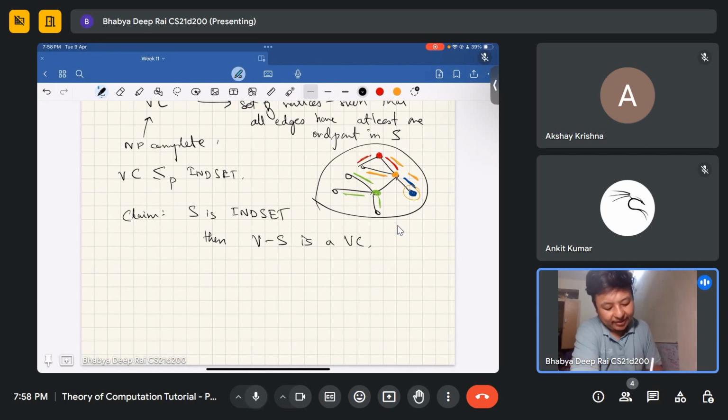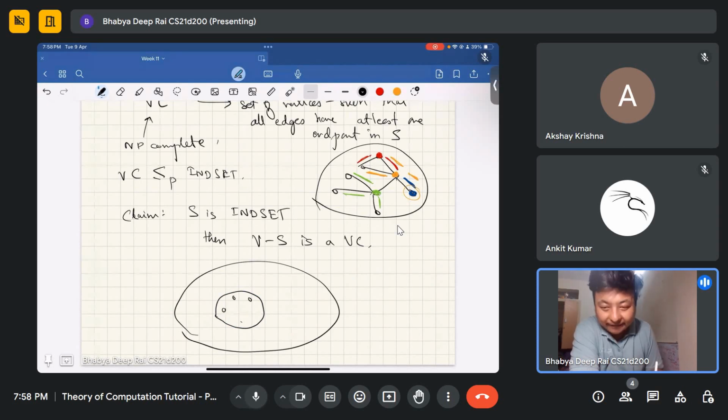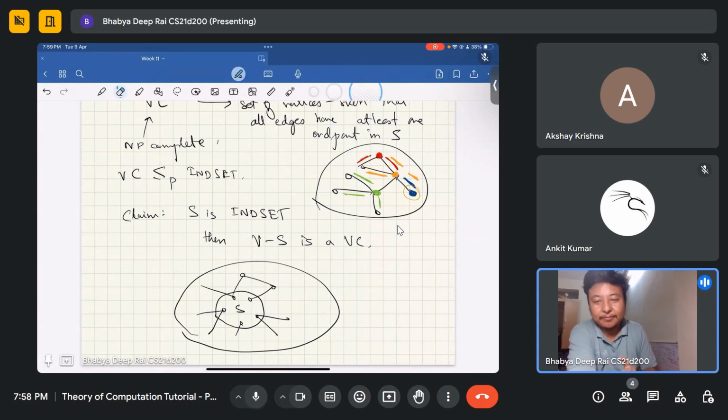Let's see why. I said an independent set looks something like this. This is S. They don't have edges among themselves, but they have edges to others. So something like this may happen, but they don't have edges among themselves. S is an independent set of size K. What is V minus S?